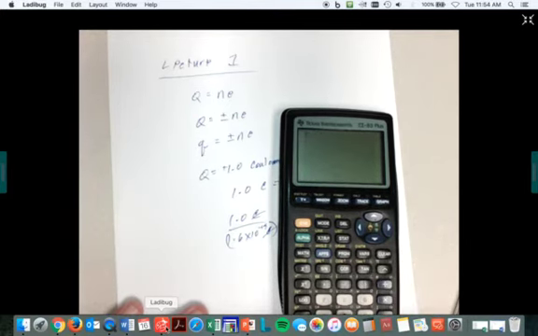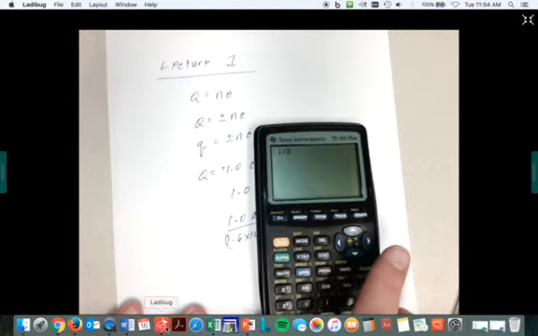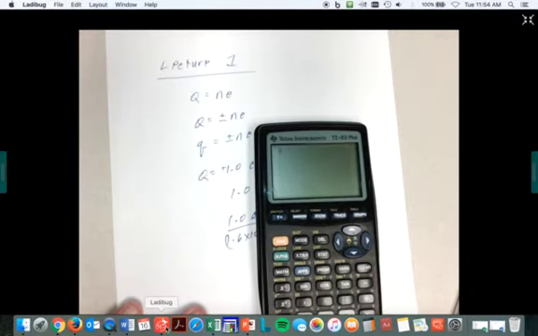So I'm going to take 1 divided by, okay, here's how I do these. I take 1 divided by, parentheses, 1.602, second EE, negative 19, close parentheses.